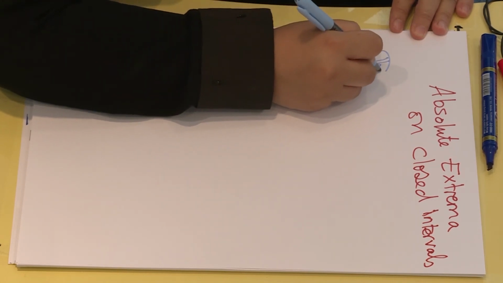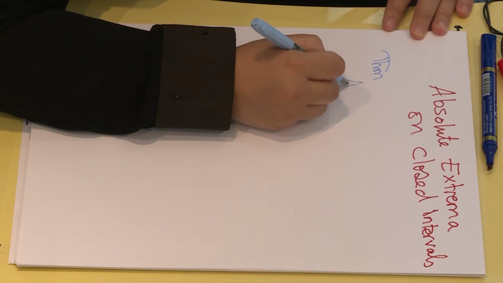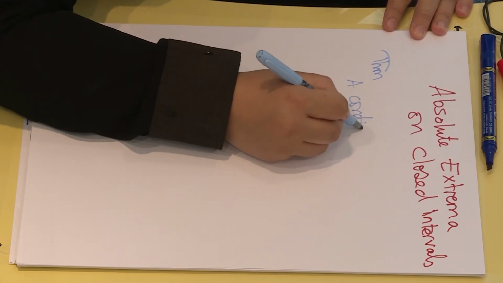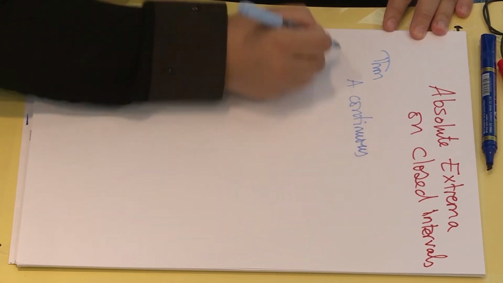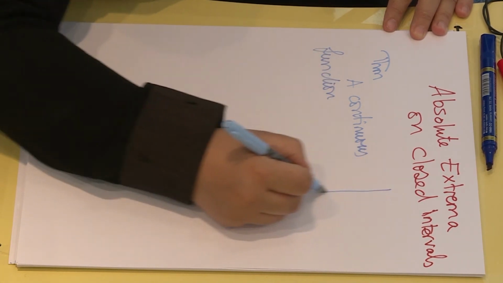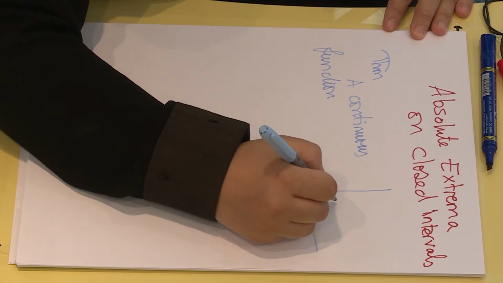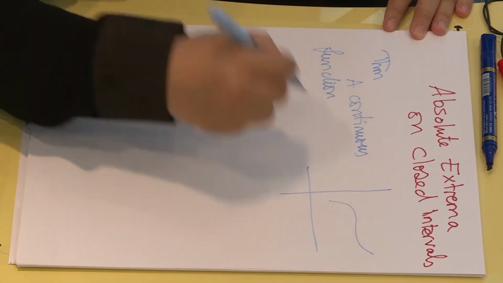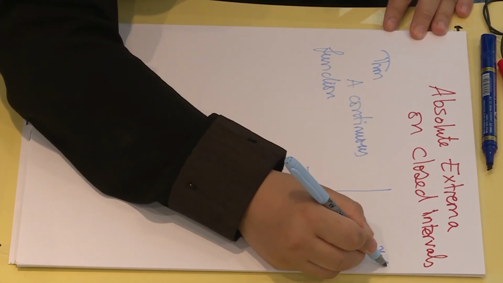So this says a continuous function. Let's look here, and I'll draw any continuous function. Let's say this is y equals f of x.